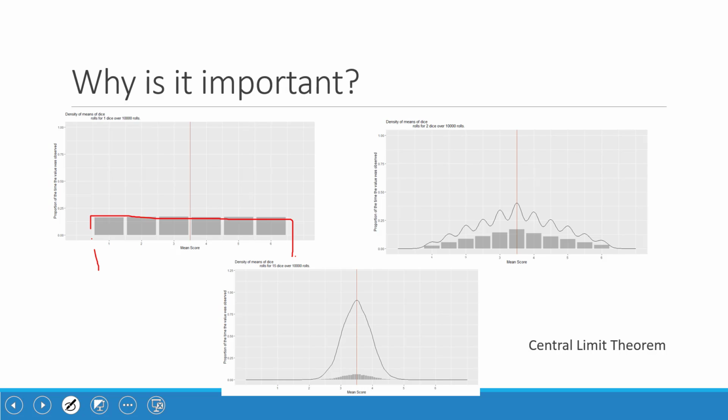Now, if you get one more friend, and that friend also rolls the die, and you also roll a die, and repeat the same experiment, and now we're calculating the mean of the values that you got on the dice, we'll start to see that the values start converging more in the center. There'll be more values in the center as compared to the edges.